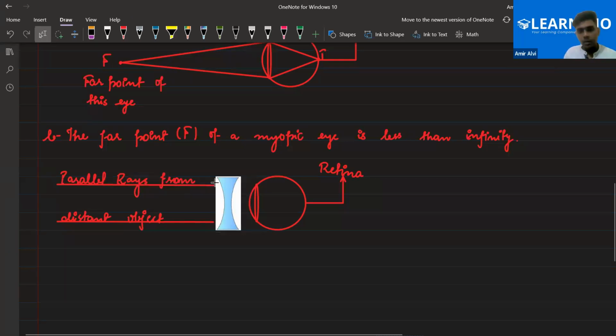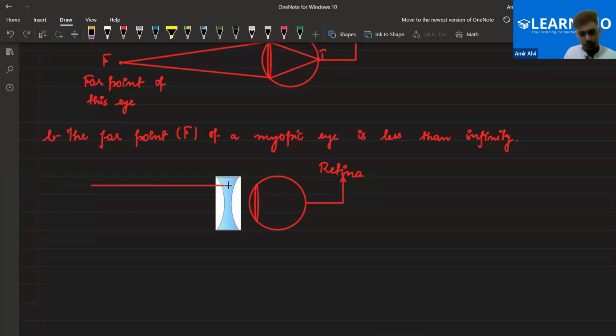Now okay, look. So light rays are coming from infinity and will be parallel to the principal axis.